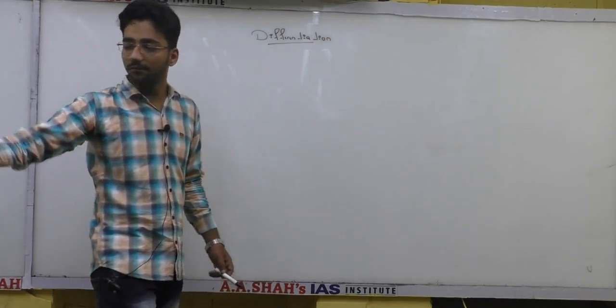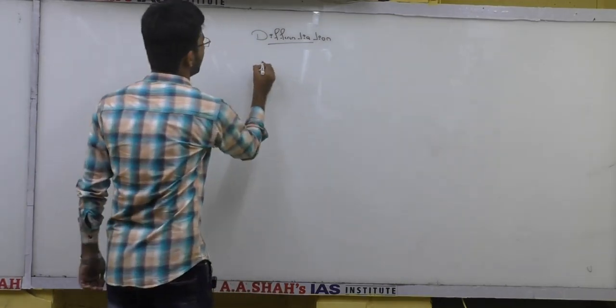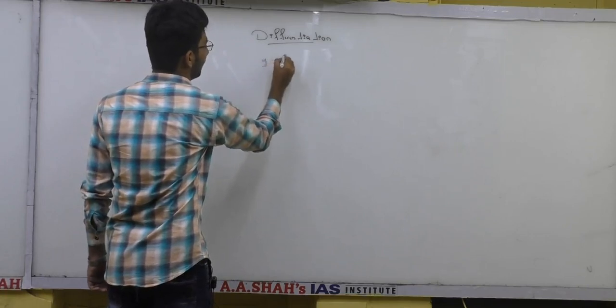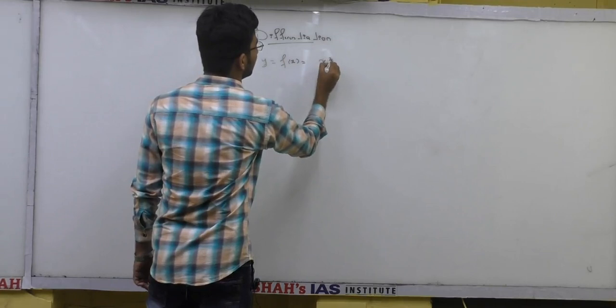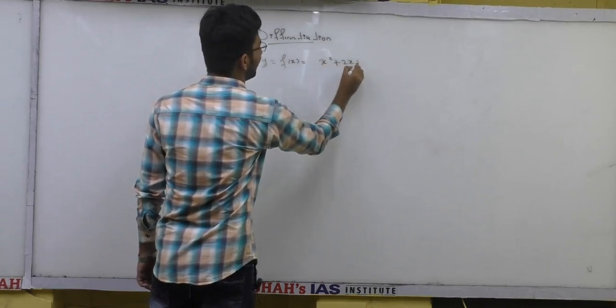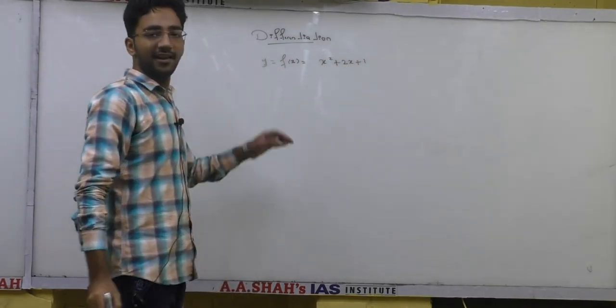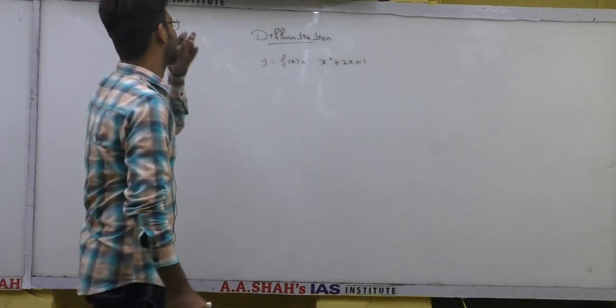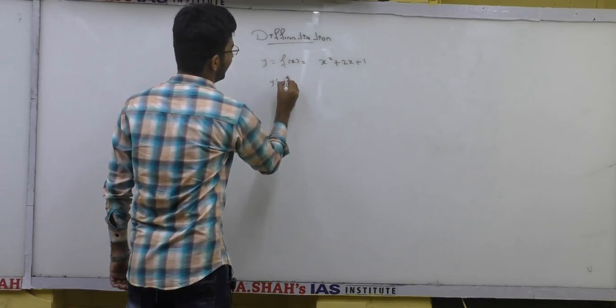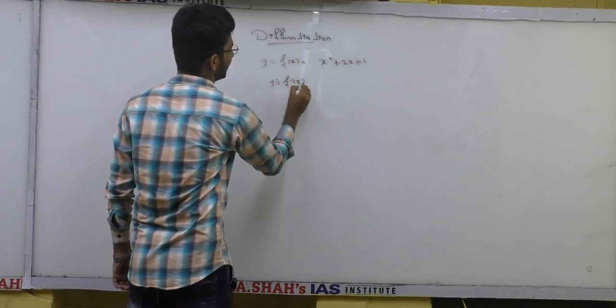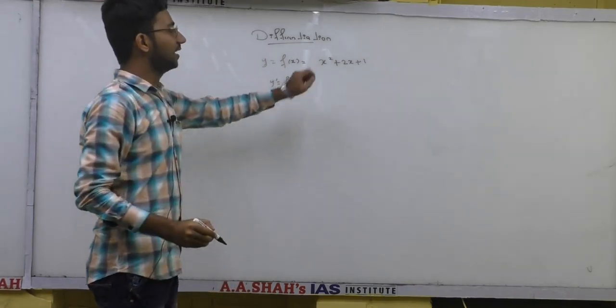Now if we have, for example, y equal to f(x), which is x square plus 2x plus 1. Now we have to find the derivative of this y with respect to x. So we want y dash, meaning f dash of x. The derivative of x square will be what?